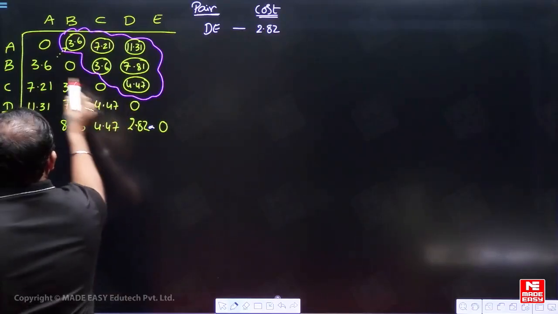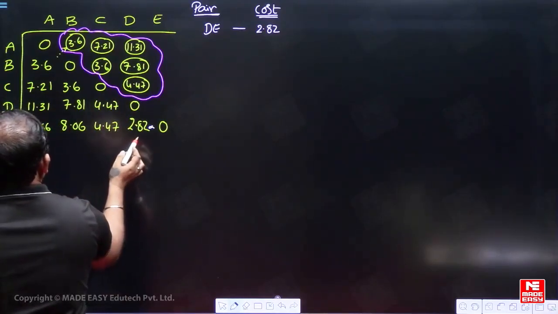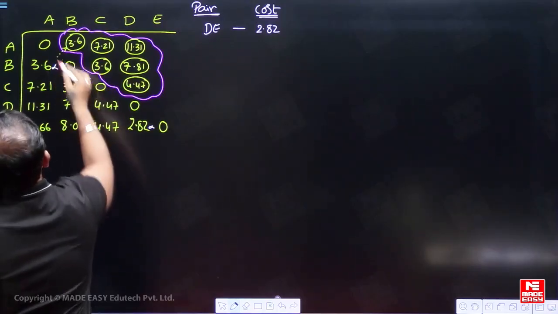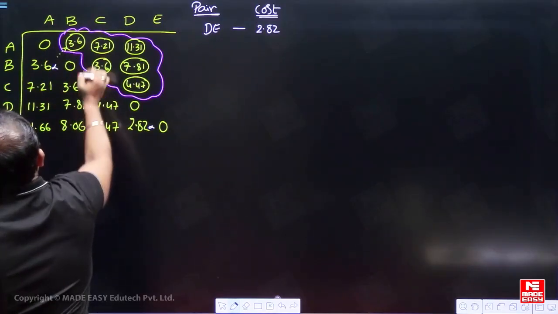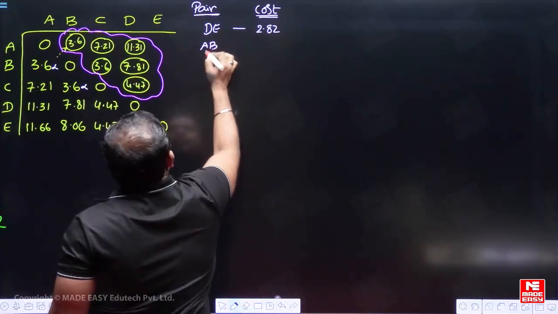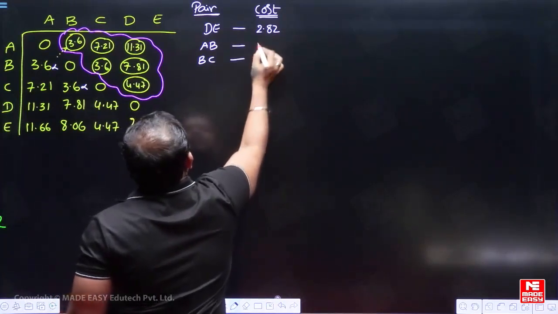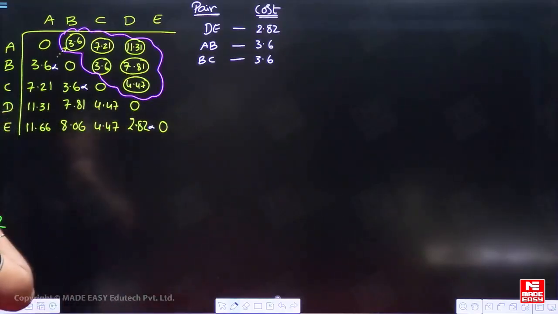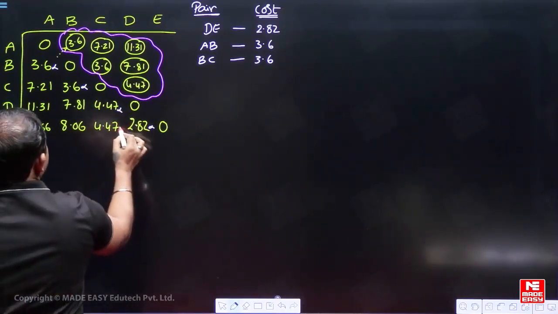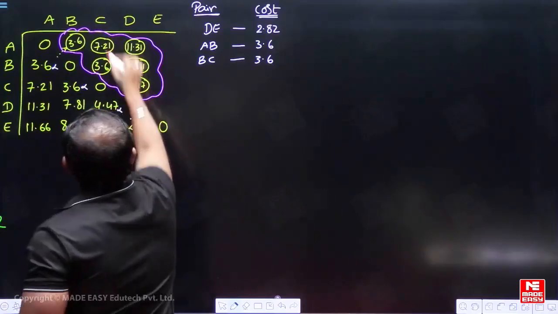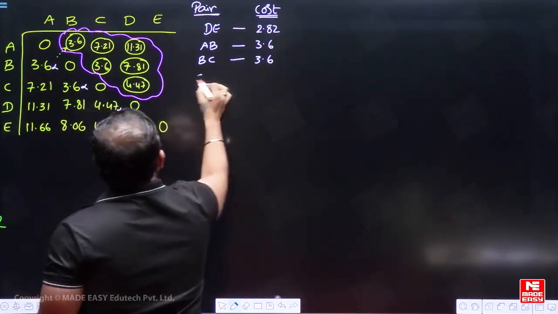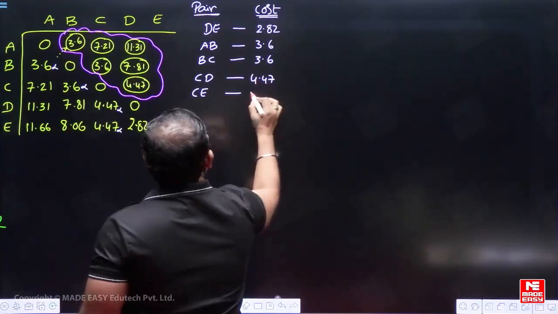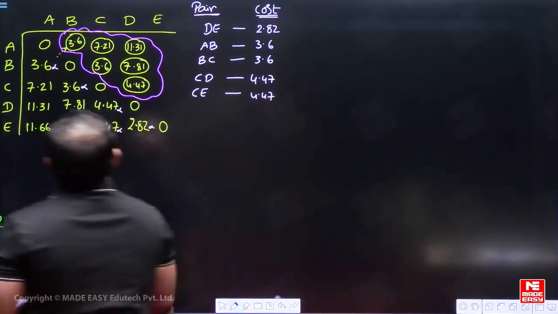Next, what is the next smallest value? 3.6: AB and BC. These have the same weight, 3.6 and 3.6. Next smallest is 4.47, 4.47, that means CD and CE.